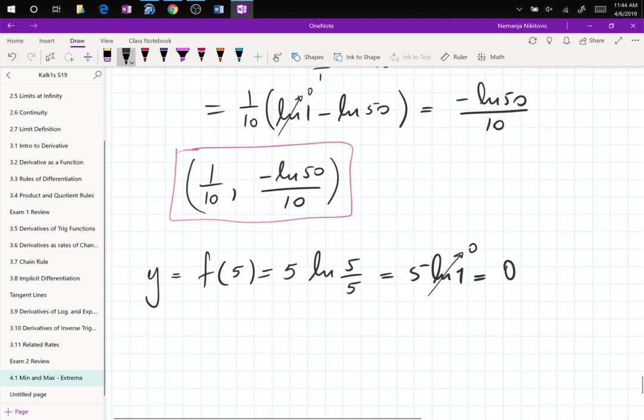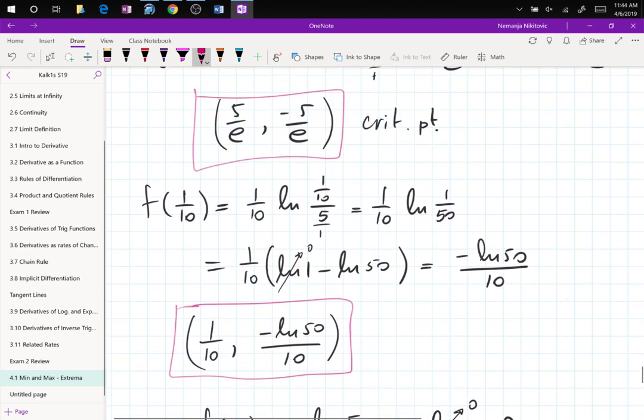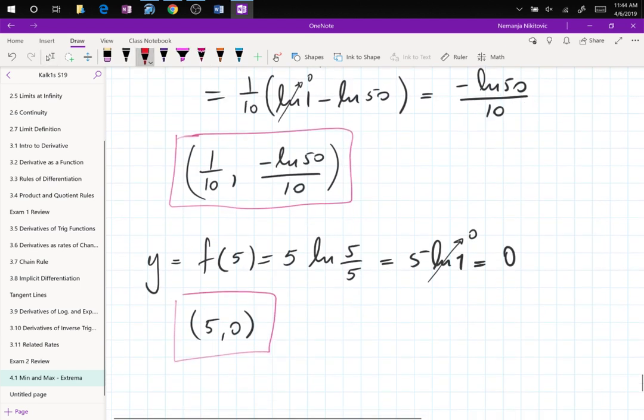And we have another point, which is 5, 0. So there are 3 critical points. And we have this one immediately to be our absolute max, because the other two y values are negative. So this one has to be our highest.